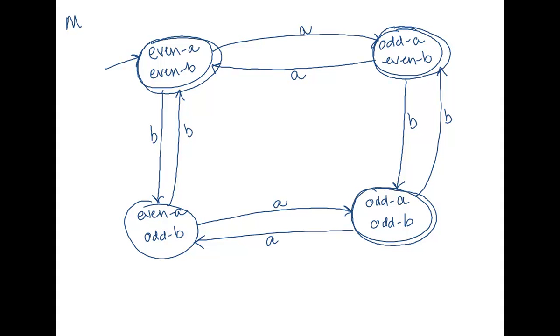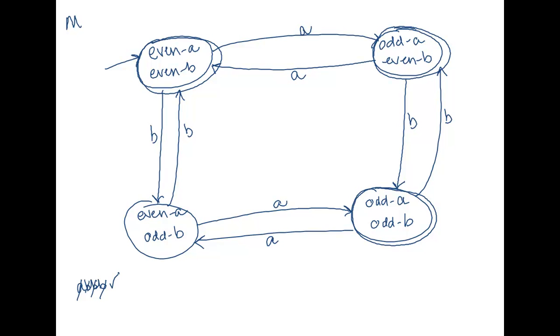We said that we should accept on string ABBB, because this was in language A, so it's going to be in L, which is A union B. So if I read through, I start off in state even A, even B. I read in A, I'm going to go to odd A, even B. I read a B, I'm going to go to odd A, odd B. I read a B, I'm going to go to odd A, even B. And I read a B, and I'm going to go to odd A, odd B. So I'm now in state odd A, odd B. I've read all of my string. I'm in a final state, so I accept. So this is good. That's what we wanted to see.